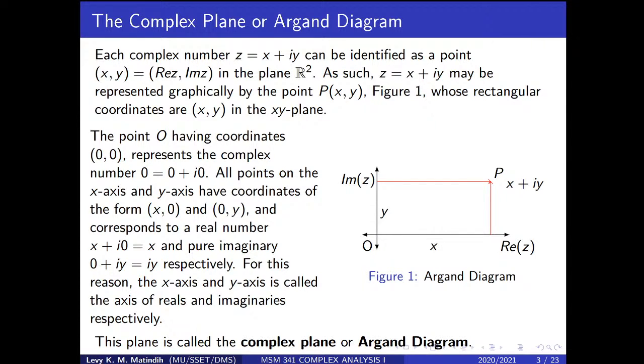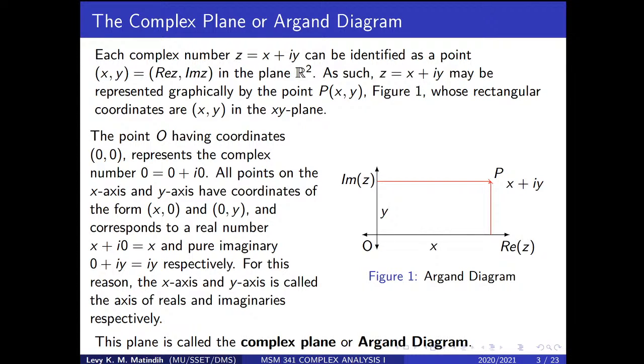For that reason, we call the x-axis and y-axis the real and imaginary axis, respectively. The x-axis is the real axis of z, and the y-axis we call the imaginary axis of z.